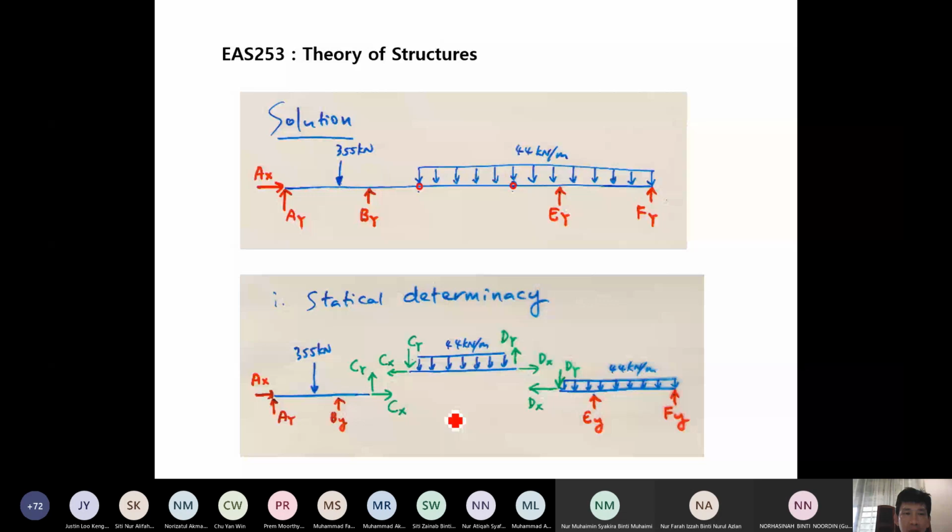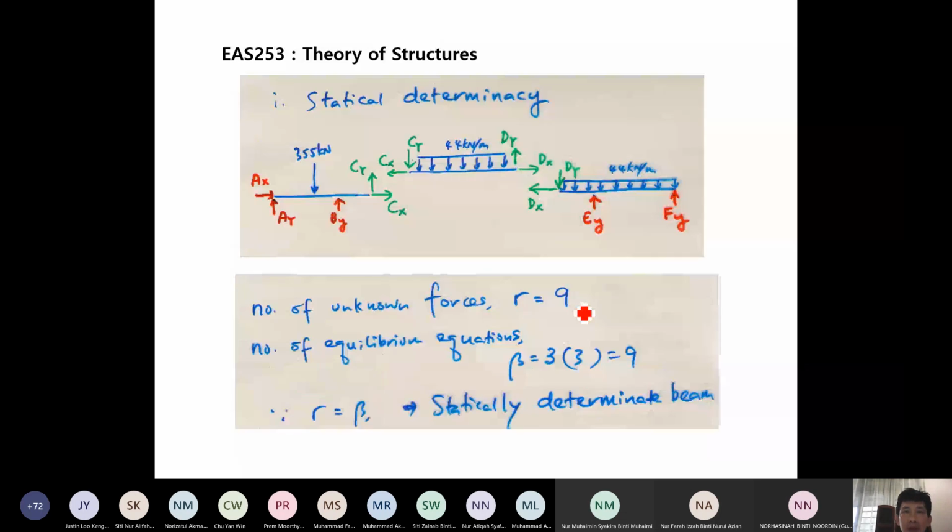So how many unknown forces? The red ones, 1, 2, 3, 4, 5, and the green ones again 4. So you have 9 unknown forces, and 3 parts, each with 3 equilibrium equations, so you get 9 equilibrium equations. So the conclusion: this is a statically determinate beam, same as case 1. In terms of statical determinacy, both are statically determinate.